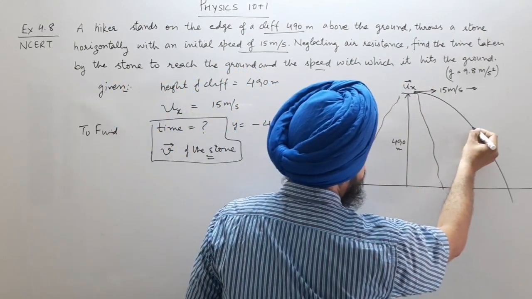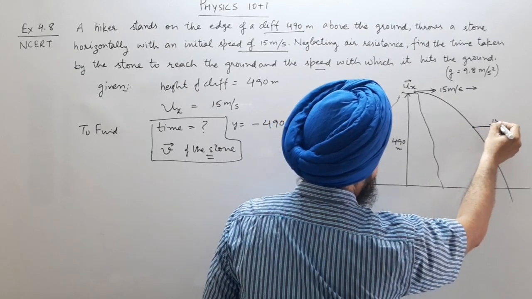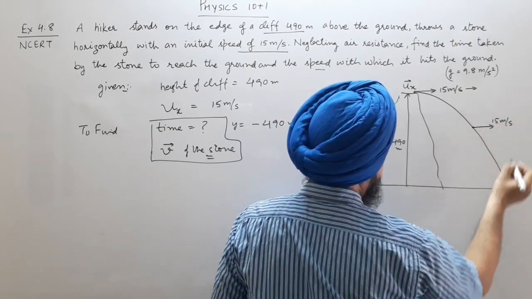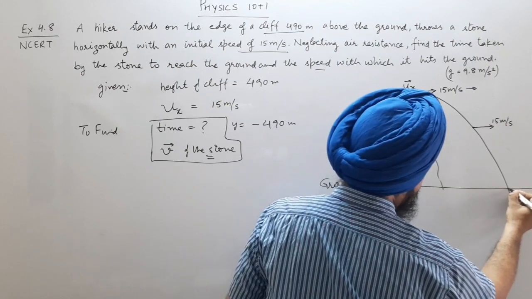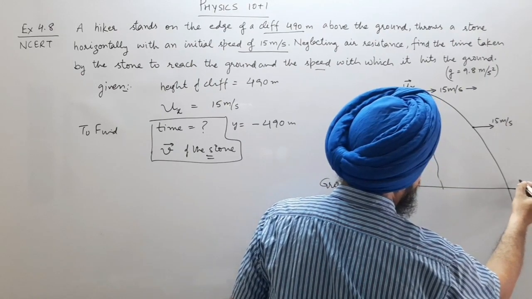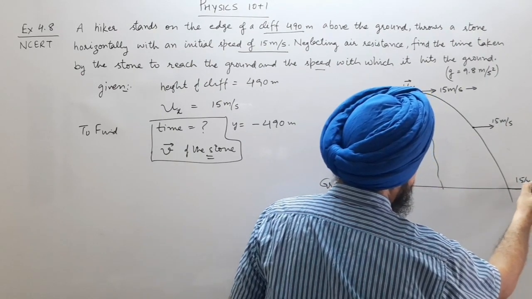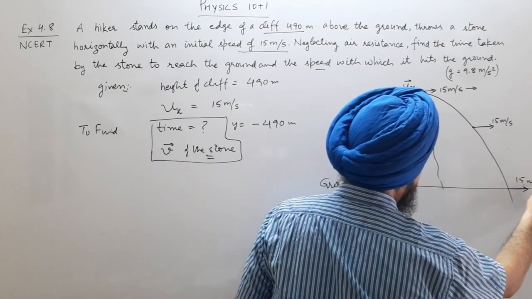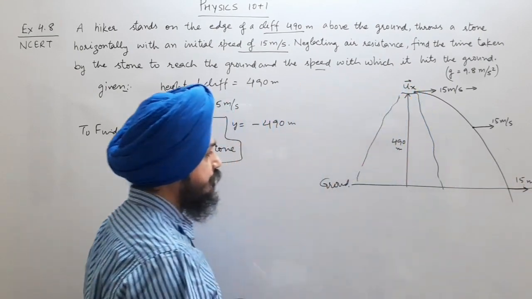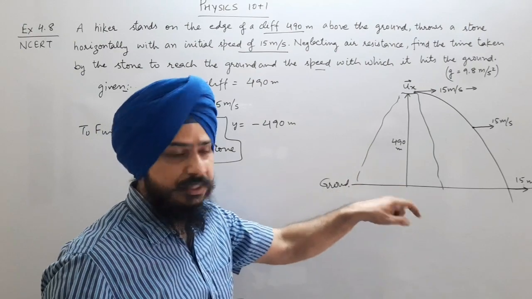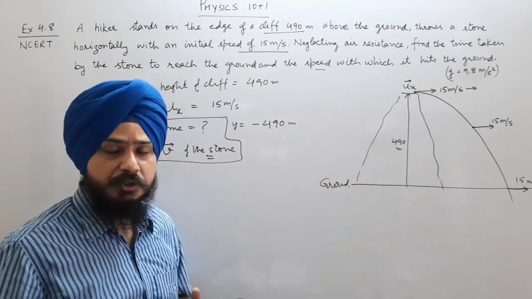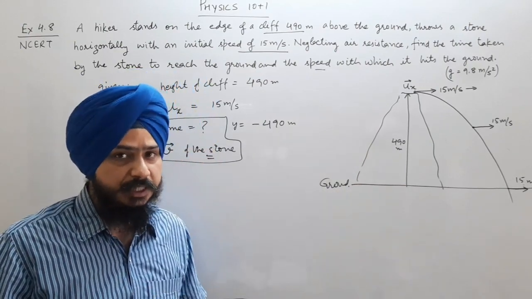Whenever the projectile is here, its x component will be 15 meters per second, and when it hits the ground, its x component will also be 15 meters per second. It will remain the same over the whole trajectory. What is going to change is the y component of the projectile.